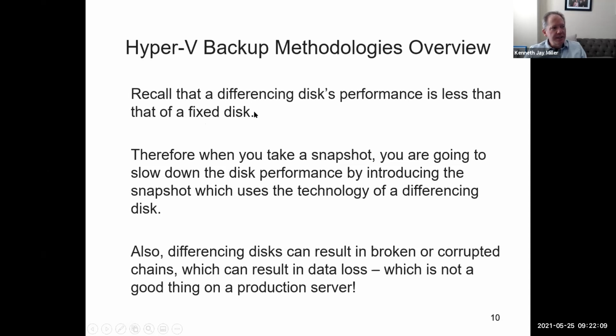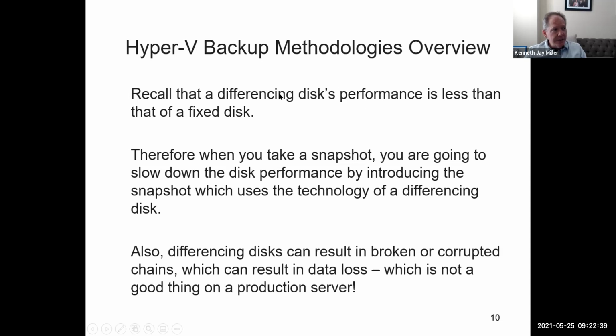Now, recall that a differencing disk's performance is less than that of a fixed disk. Therefore, when you take a snapshot, you're going to slow down the disk performance by introducing the snapshot, which uses the technology of a differencing disk. Also, a differencing disk can result in broken or corrupted chains, which can result in data loss, which is not something we want to mess with on a production server.